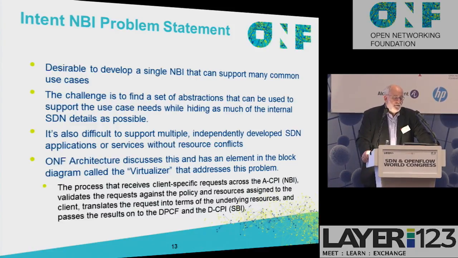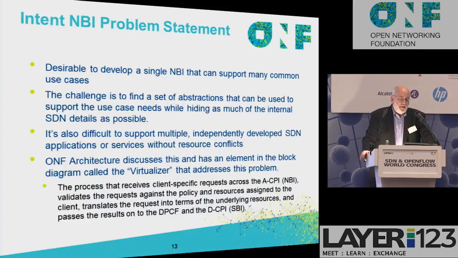And it's really difficult to support multiple independently developed SDN applications without conflicts arising when accessing the resources in the actual network. So the ONF architecture, which I talked about previously, actually talks about this and has an element in the block diagram called the virtualizer. I pointed out the virtualizer in one of the pictures earlier; it addresses this particular problem.